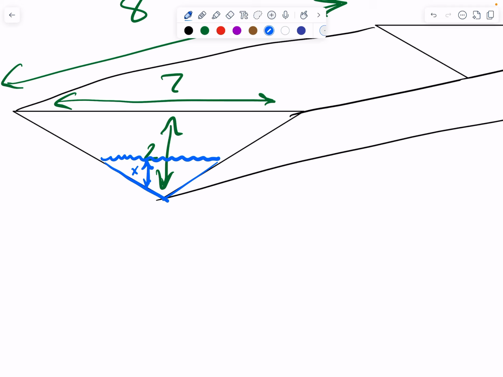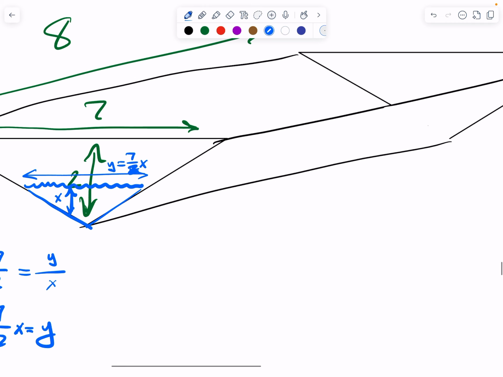The blue triangle, so 7 is to 2, as we'll call this distance here for just a moment, y, over x. But I just want y as a function of x, so 7/2 x equals y. And so that's what I'm going to have here. 7 halves x.